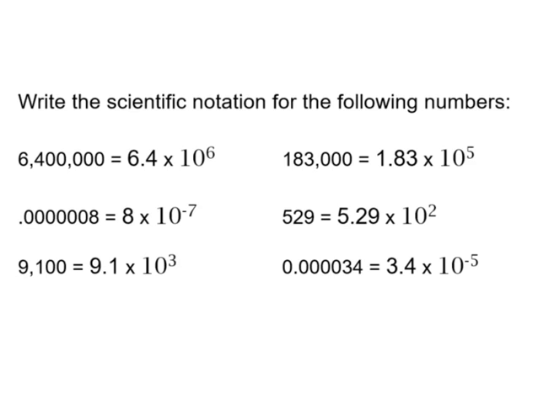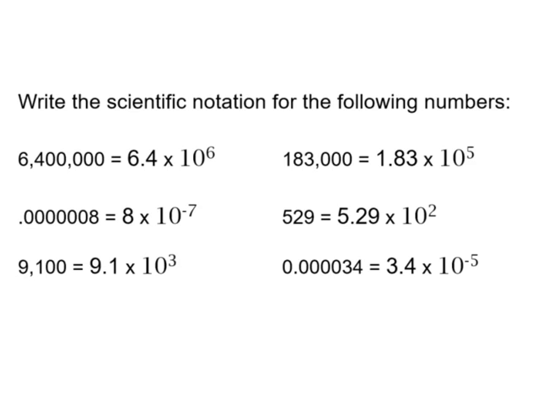For 6,400,000, our scientific notation is 6.4 times 10 to the 6th power. For 183,000, our scientific notation is 1.83 times 10 to the 5th power. For 0.0000008, our scientific notation is 8 times 10 to the -7, and that's something we talk about in the review and the guided section as well.